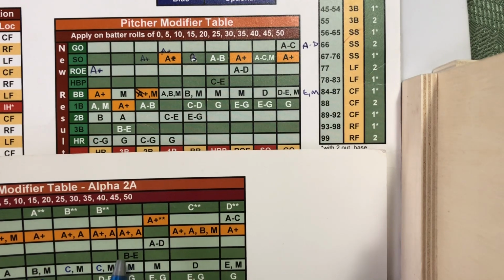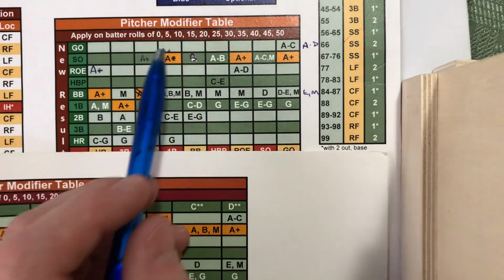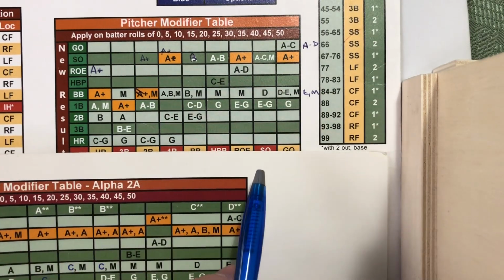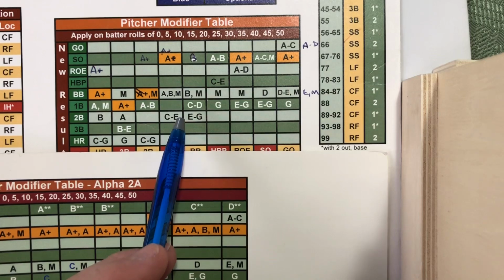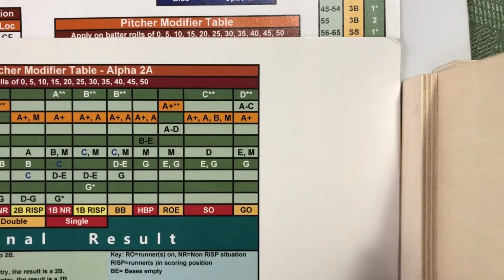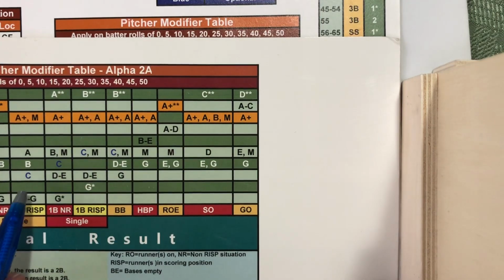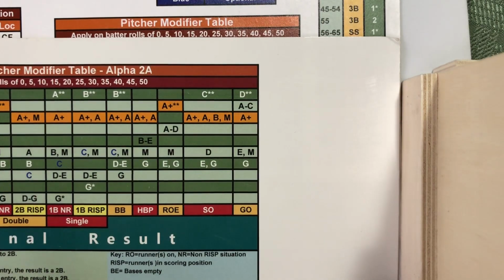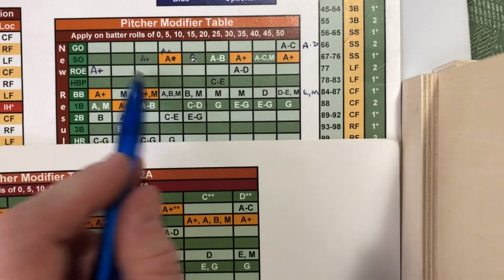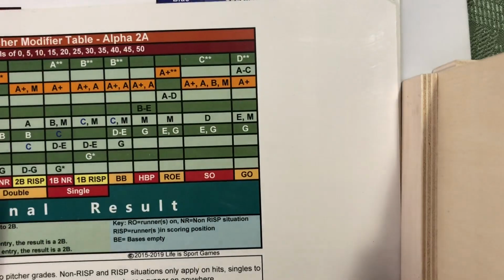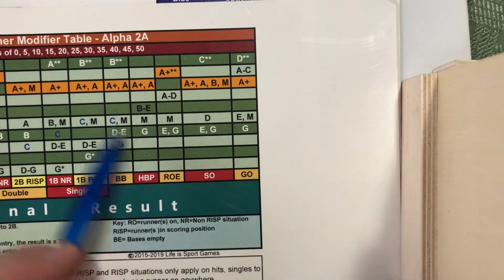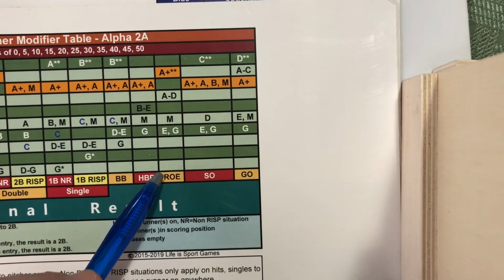On the original pitcher modifier table, it's easier to score runs with runners in scoring position than it is on the advanced pitcher modifier table, because the C's, for example, move up and your results aren't as good as they are on this chart. So what this does is it takes a little bit, and some of the outs are different as well. You'll notice that as well.